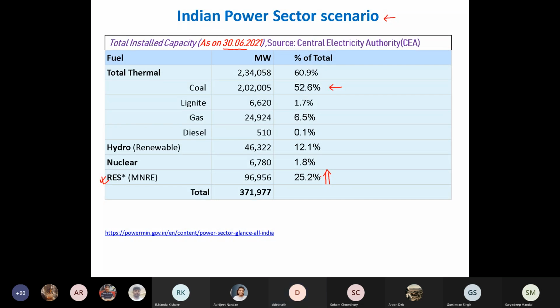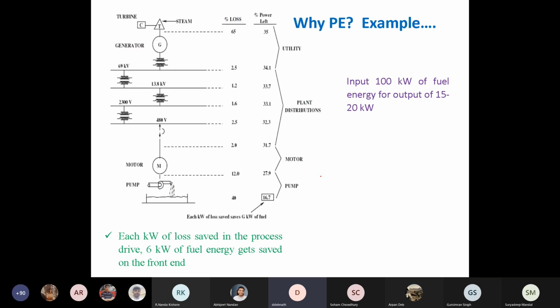The next slide is going to be even more informative. Here, what I try to show you is, let's say we talk about a thermal power plant. At the initial level, you will be burning coal, and by burning the coal, you'll be generating steam.